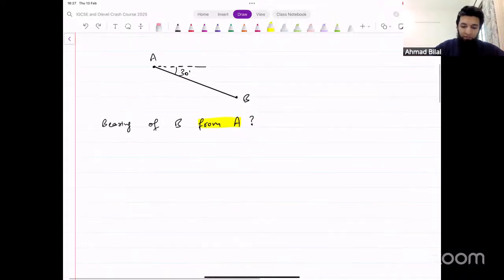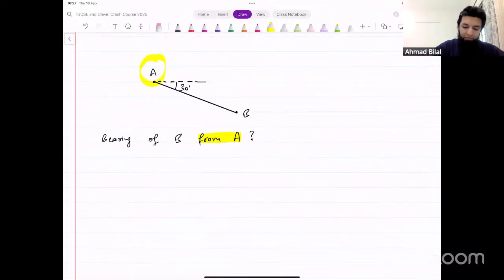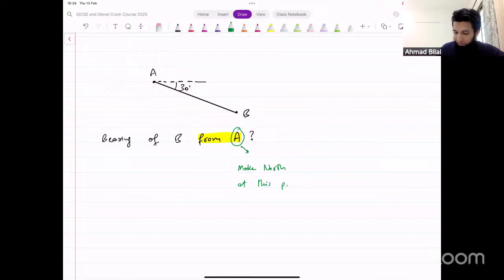So where do you measure angle from? From the point A. Now, whatever comes after from, what you do is you make north at this point. So you draw a vertical line there pointing upwards, and you say this is your north direction.